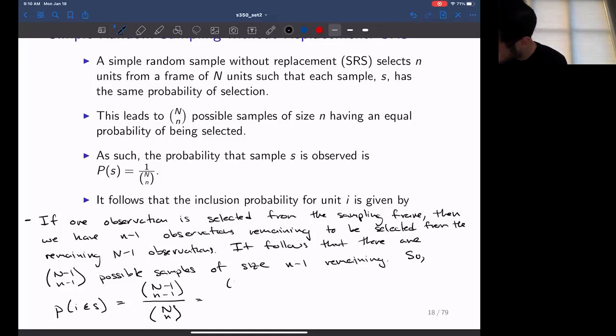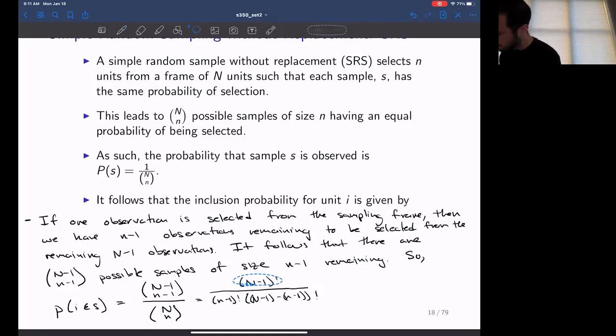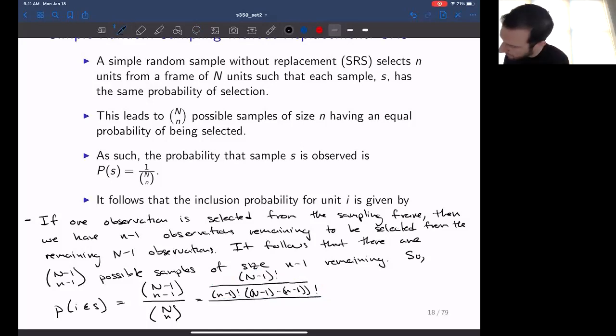which is equal to (N minus 1)! divided by (little n minus 1)! times (capital N minus 1 minus (little n minus 1))!, and that is divided by capital N! over little n! times (N minus little n)!.